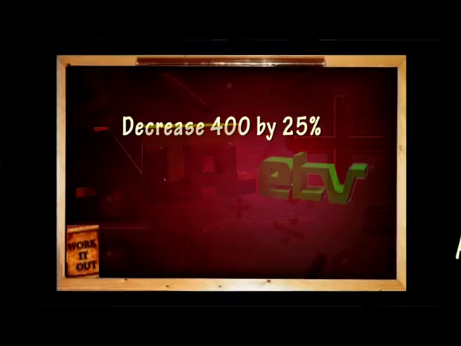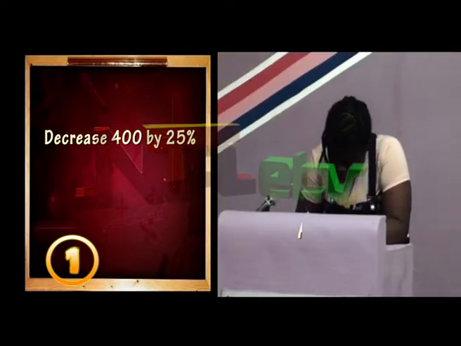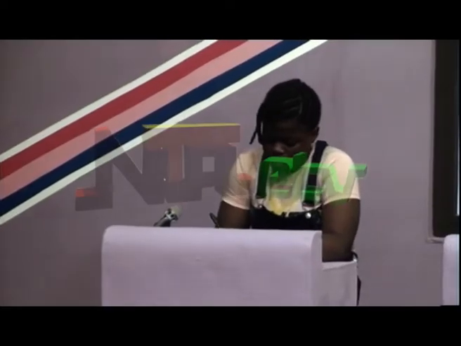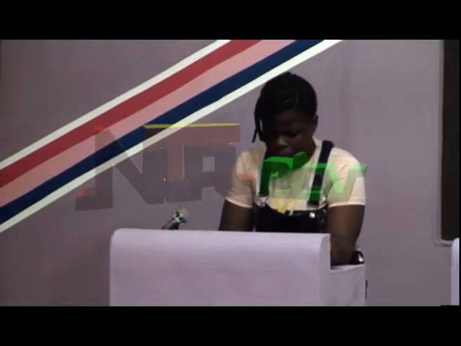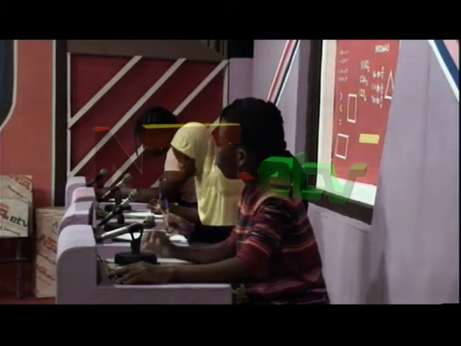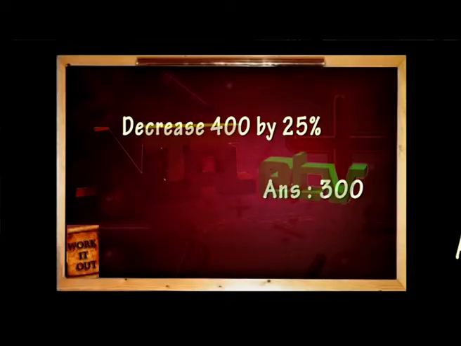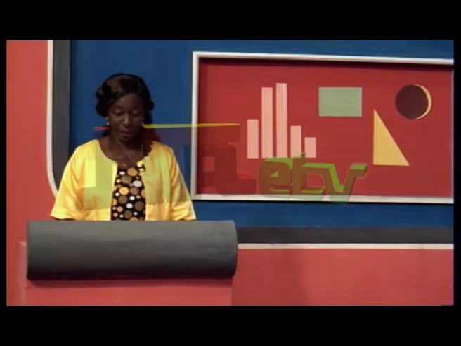Decrease 400 by 25%. $100. Your time is up. Contestant D. 300. That's correct. That's another bonus to contestant D.